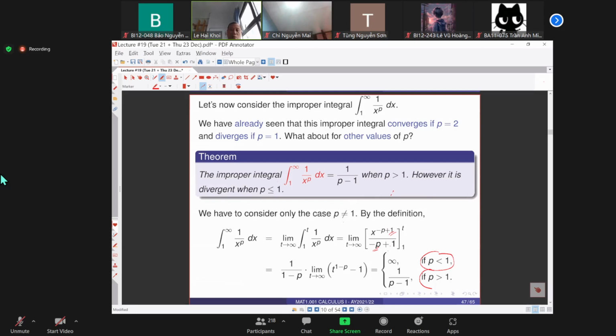Together with p equal to 1, you can put it here because it diverges, and you get the answer.